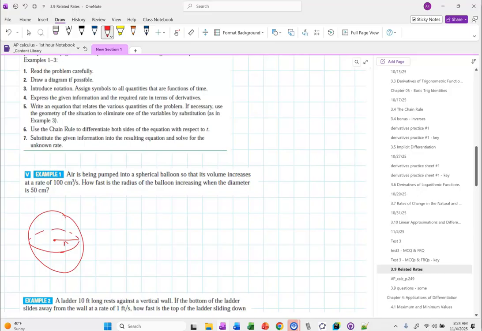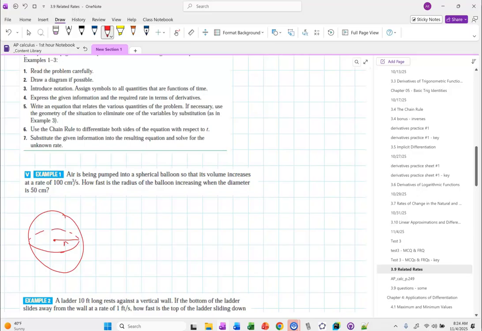So let's introduce some notation. We have really two variables happening here, right? Volume and radius. Everybody agree with that? Why am I not worrying about diameter? Because it's just 2 times the radius, right? So I don't really care. I'll rewrite diameter in terms of a radius later if I need to. Are both of those variables, or are they constant? As air is being added in, is volume changing?